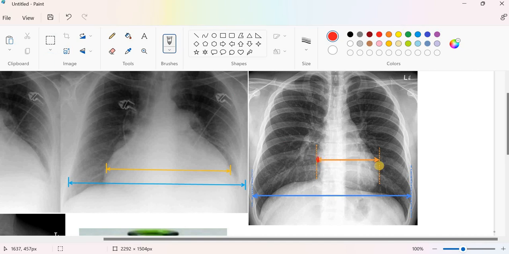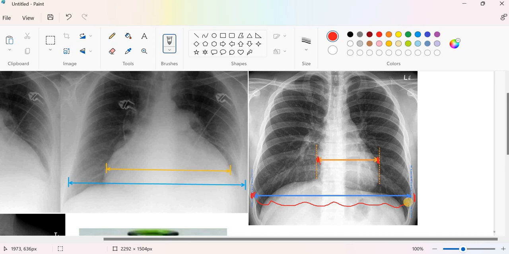You measure it and compare it to the farthest points of the thoracic cage, the widest point between the ribs, which is this and this. The heart shadow shouldn't exceed 50% of the whole transverse thoracic shadow.